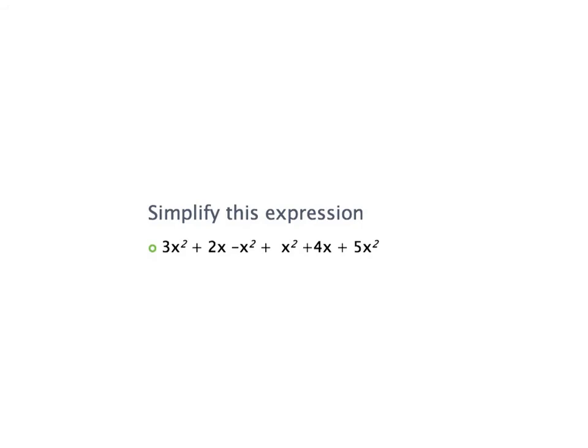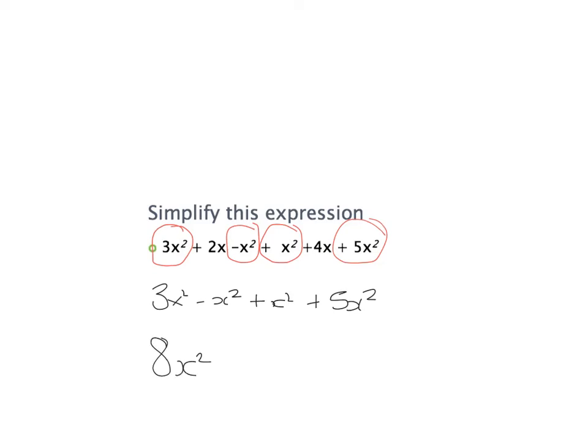So let's see what we can simplify here. We're going to collect the like terms. So we'll get the x squareds first. Okay, so we'll write them out. We have 3x squared minus x squared plus x squared plus 5x squared. When we simplify that, we end up getting 8x squared.